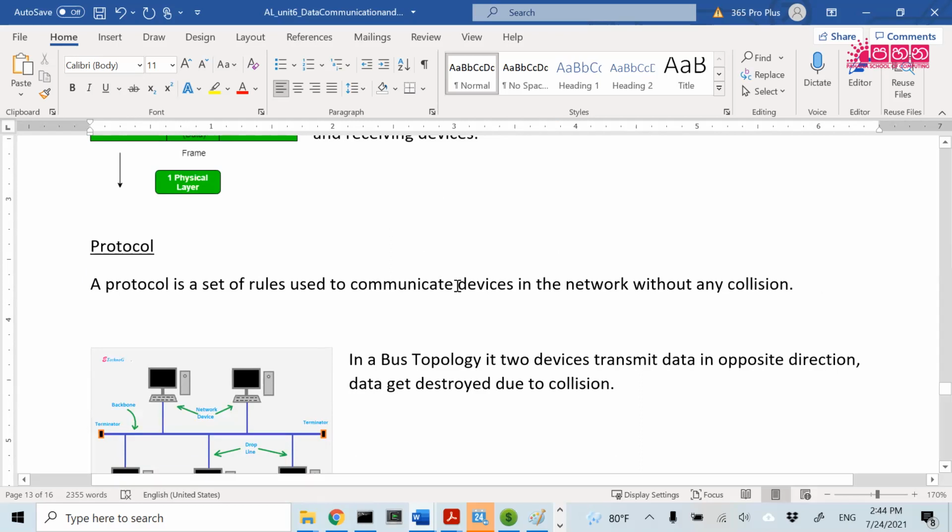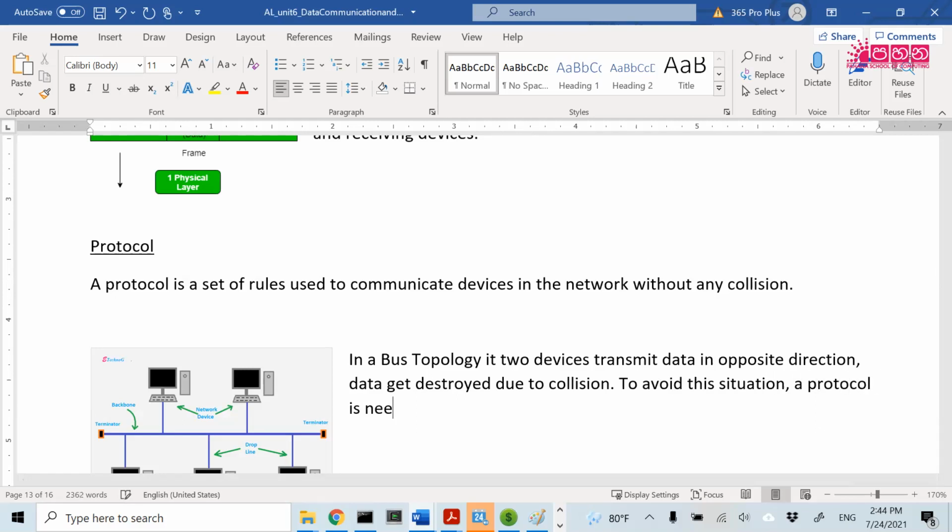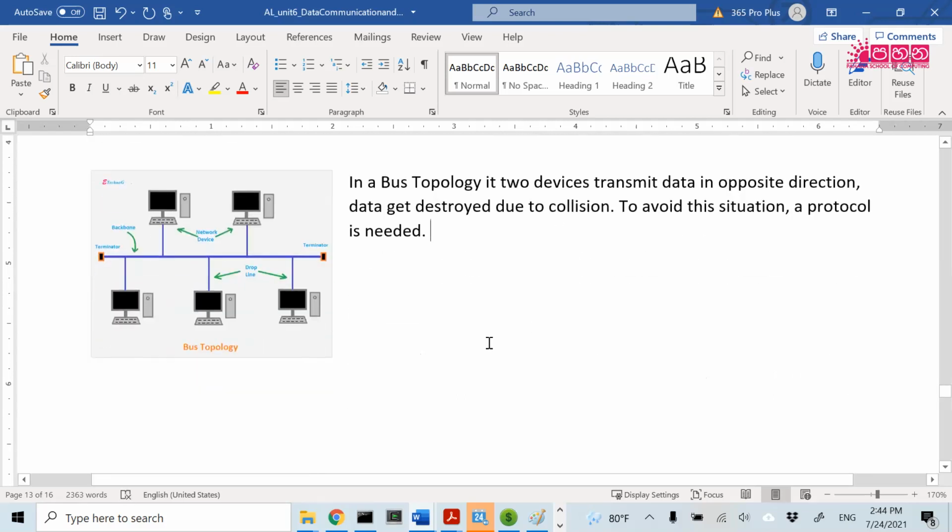To avoid this situation, a protocol is needed. There are many protocols, so let's look at some of them.